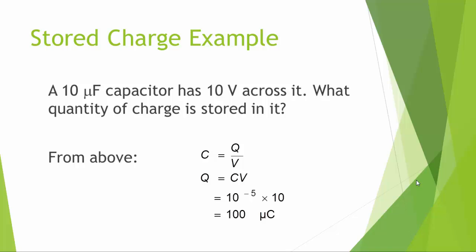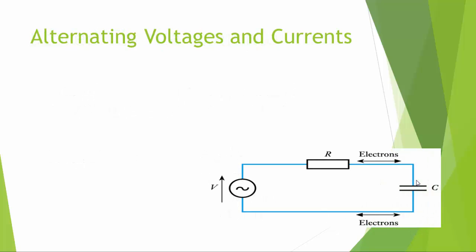And then we simply get 10 to the negative 5 farads times 10 volts equals 100 microcoulombs. Like I said, I'm not going to ask you to reproduce those mathematics, but I did want you to have a look at it just to get an appreciation for it.